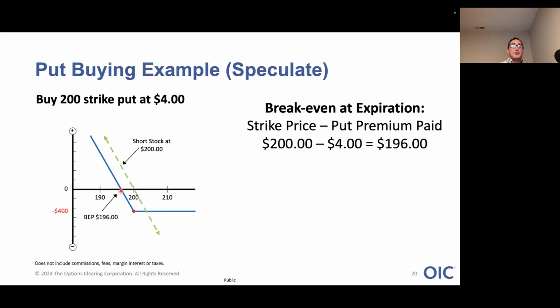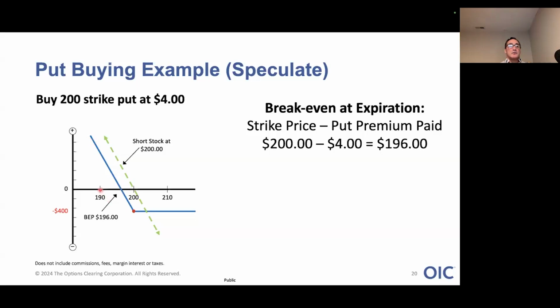So at expiration, if the stock is trading at 196, the 200 strike put is going to be in the money by $4 because it's the right to sell shares at 200, even though they're trading at 196. And I would neither make money nor lose money. Below 196, my puts would take on value one-to-one all the way down to 0.